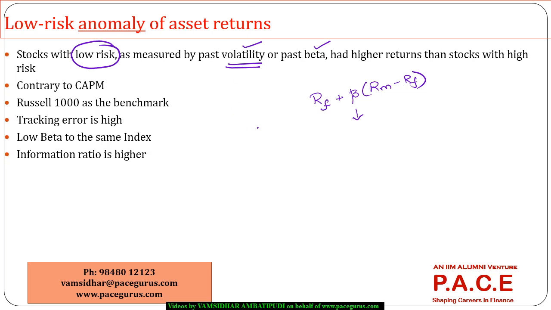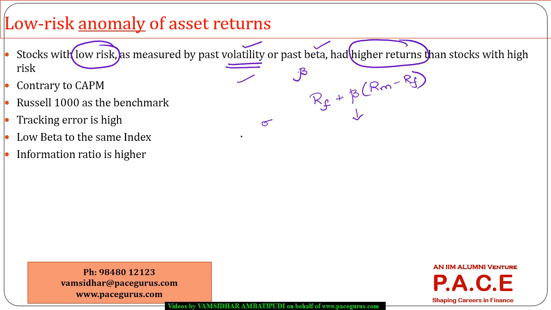So lower risk could mean lower overall risk measured by standard deviation, or lower beta, which is the market specific risk, market risk associated with the security. Historically, it has been found that those stocks which had low risk had higher returns compared to the stocks which had high risk in the past.